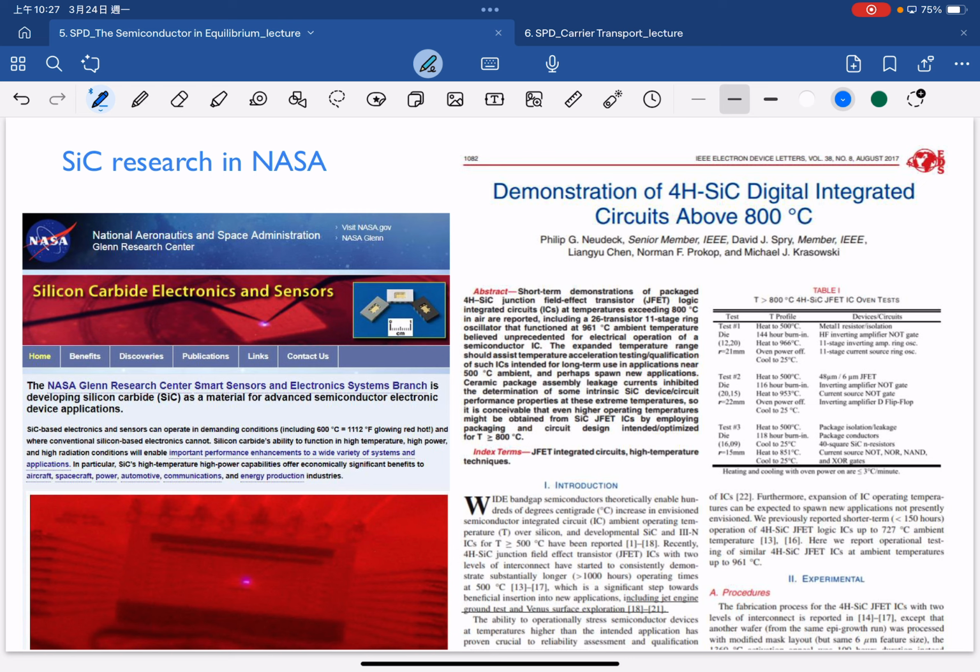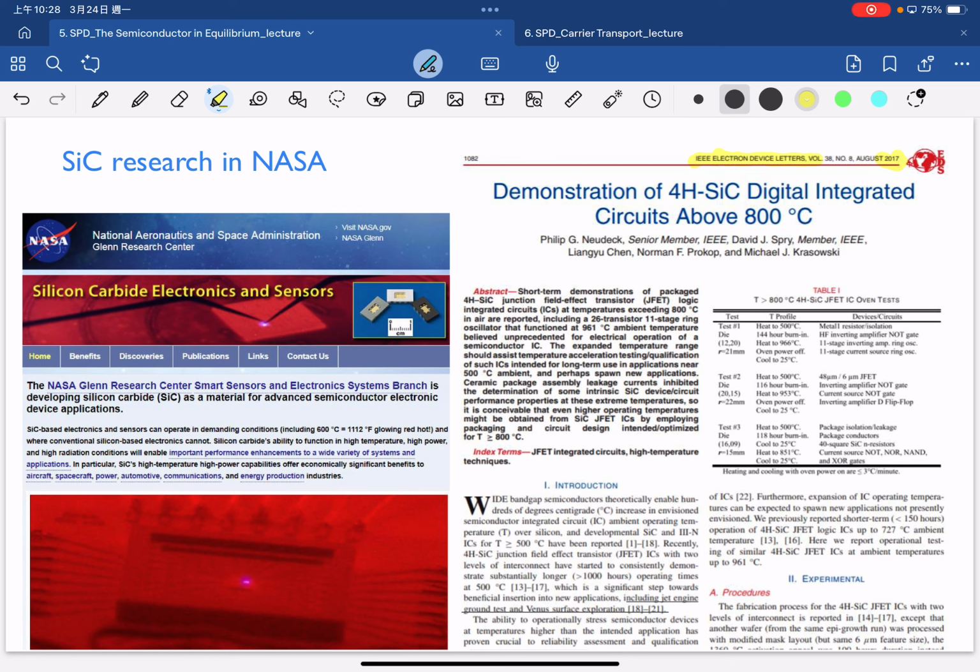And you see this is a paper published in 2017. This is a paper published in the IEEE Electron Device Letters. As you know, if you are a graduate student, having one EDL paper is already enough to help you graduate with your PhD degree.